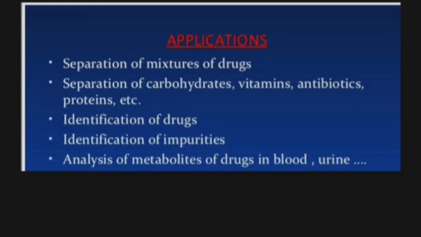It is used in forensic science to detect and identify trace amounts of substances in the bladder, in the stomach, in our blood, urine. These are all applications of paper chromatography.